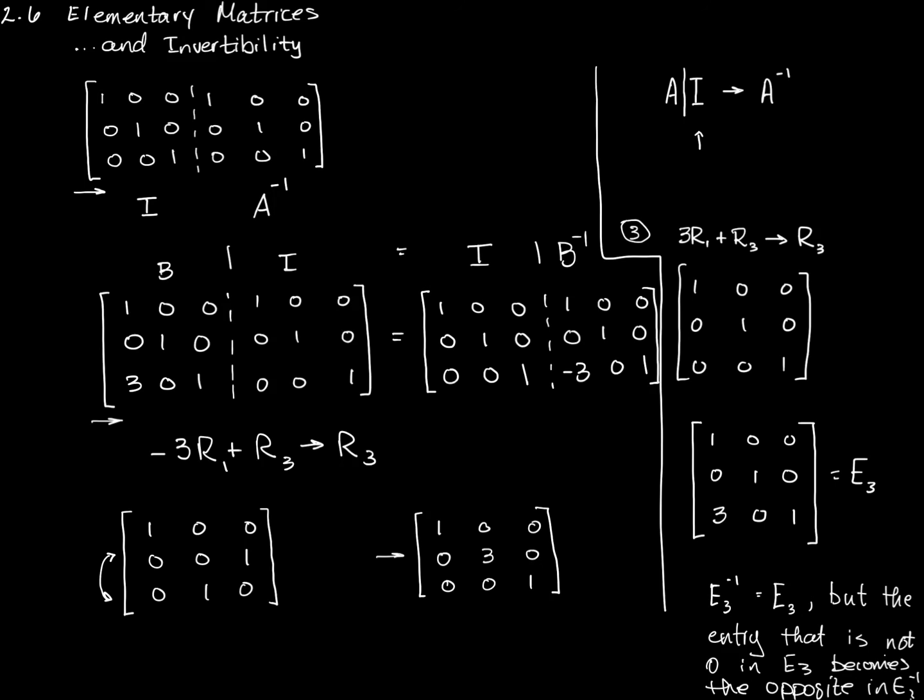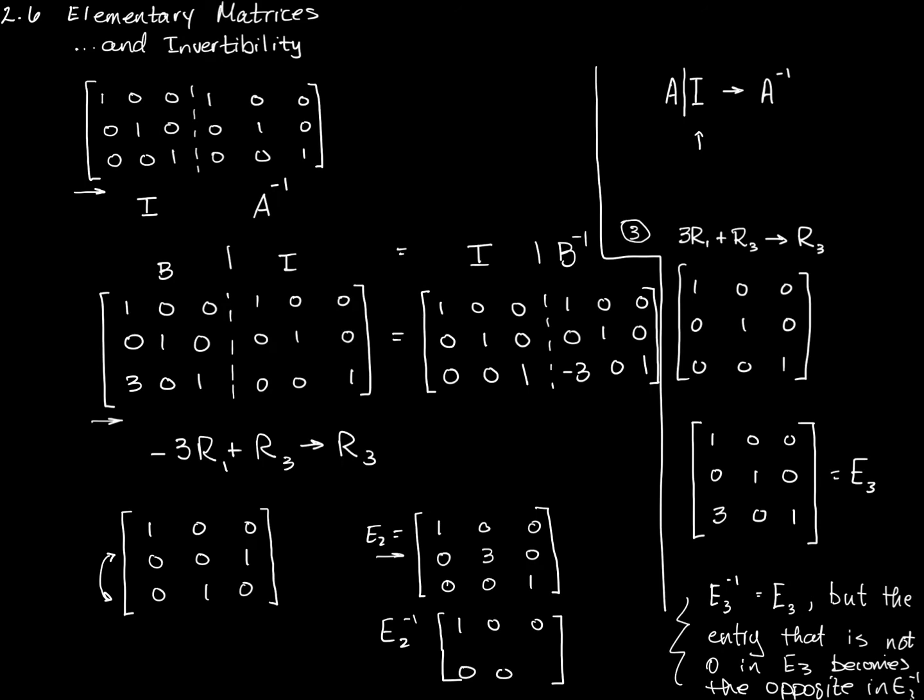For elementary matrix 2, let's call this E2. E2's inverse is just, and I'll just give an example in this case, rather than writing it out the way I've done here. It's a bit wordy, and I'm running out of room. The inverse of this matrix is going to be this.